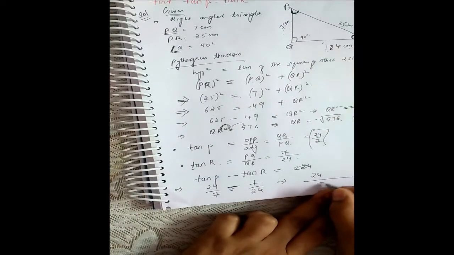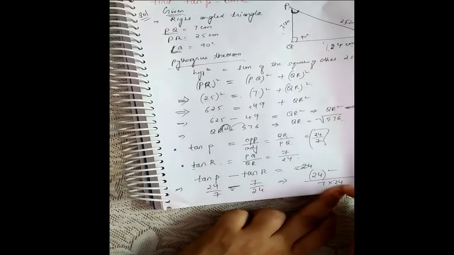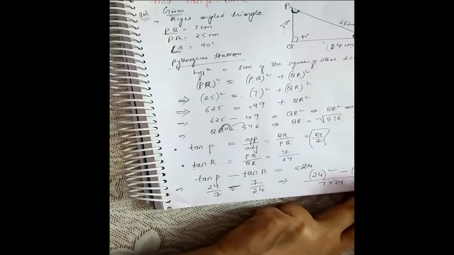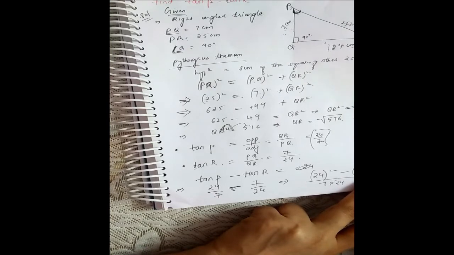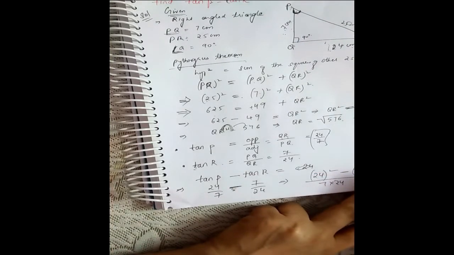The LCM is 7 into 24. 24 square minus 7 square. When we calculate all the things, the denominator will be 168 and the numerator will be overall 576 minus 49.